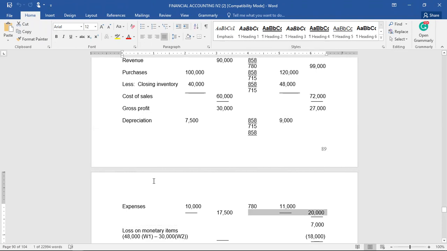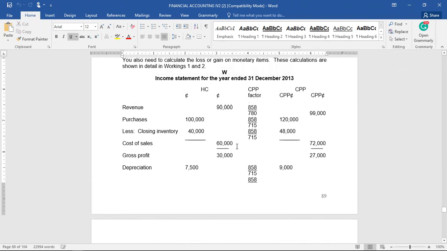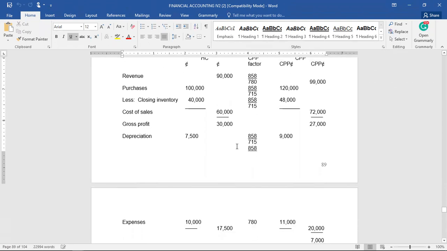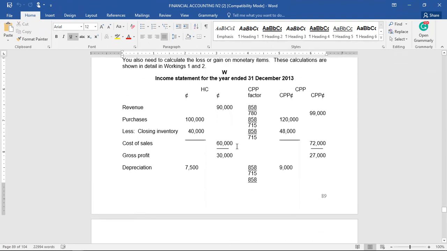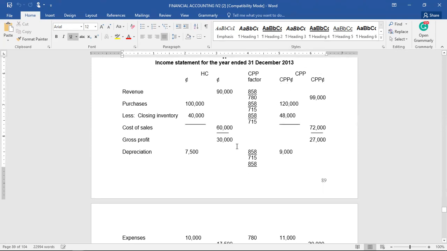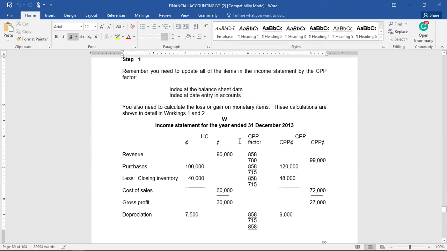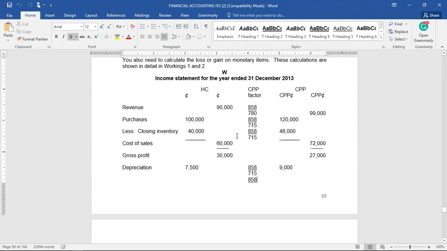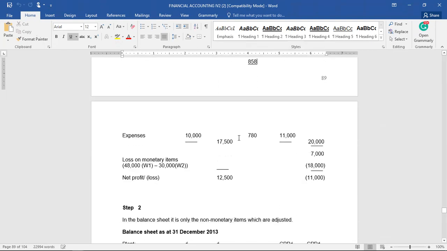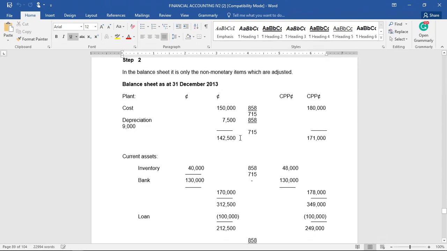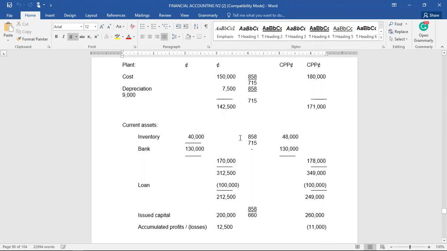For CPP it is going to be 10,500. And then case closed. So basically, that is the only twist I see in the past questions as far as this particular illustration is concerned.